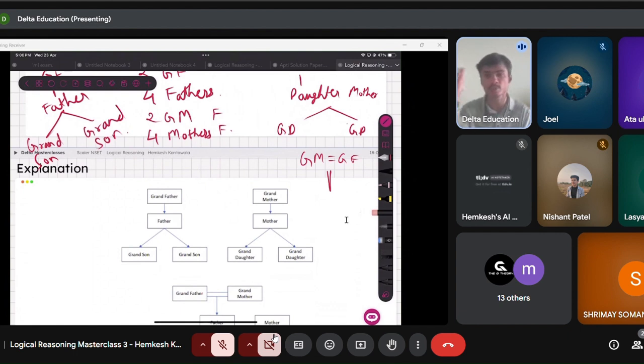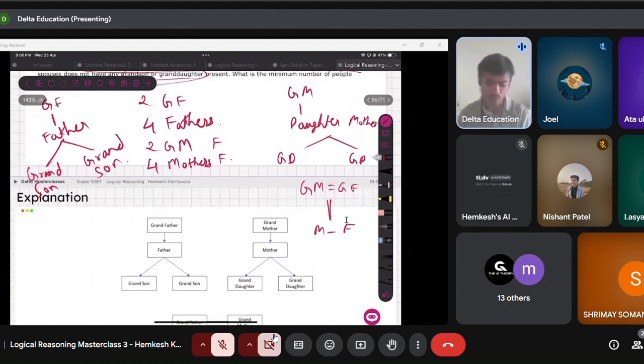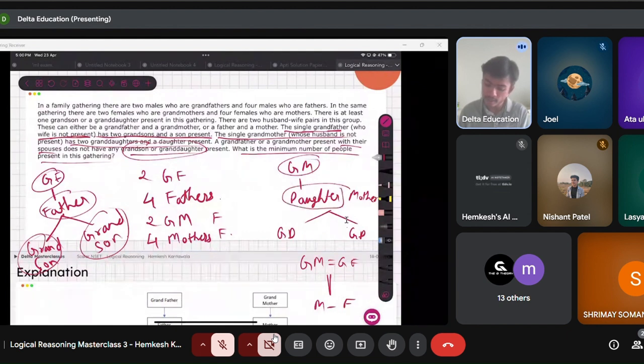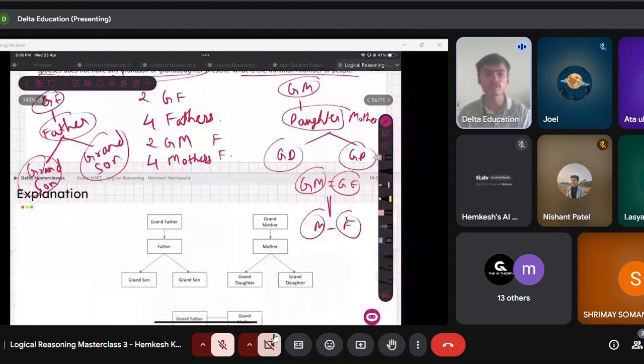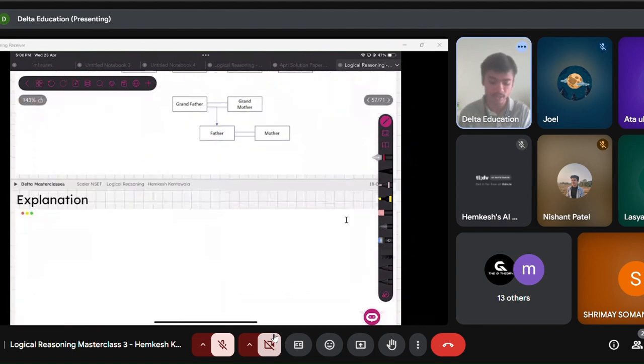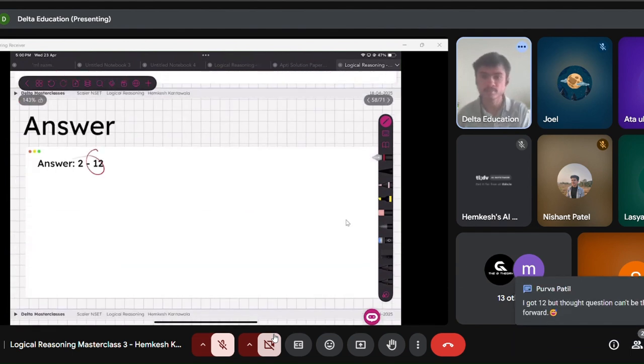So a husband-wife pair is there, one male and one female. Then it asks the minimum number of people present. So 1, 2, 3, 4, 5, 6, 7, 8, 9, 10, 11, 12. 12 is the answer. What we did was read the question, write down what was said, and count. So 12 came as the answer.